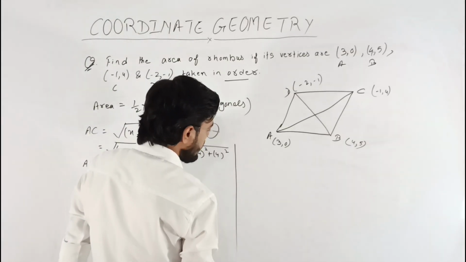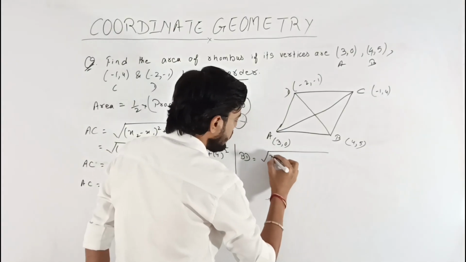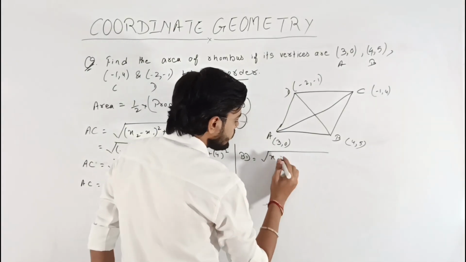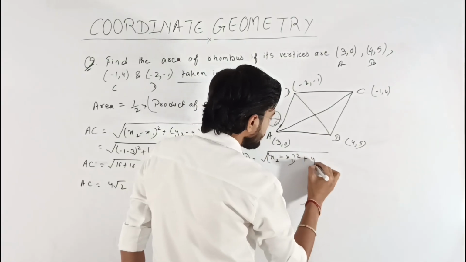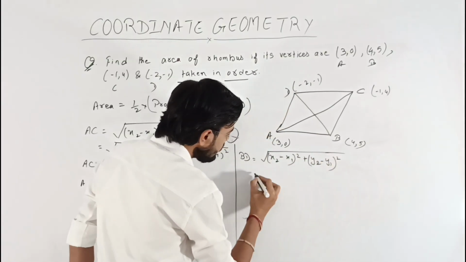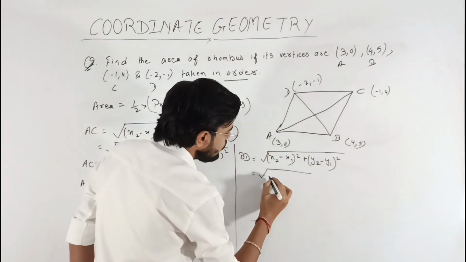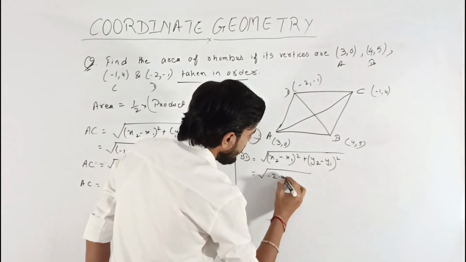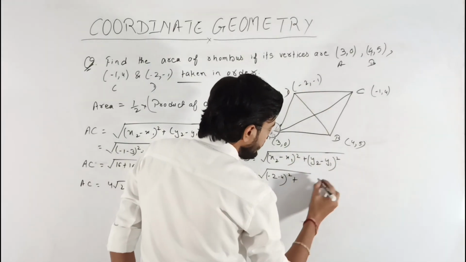Similarly we find BD. So again BD is under root x2 minus x1 square plus y2 minus y1 square. So for BD, x2 is minus 2, x1 is 4, plus y2 is minus 1 and y1 is 5.